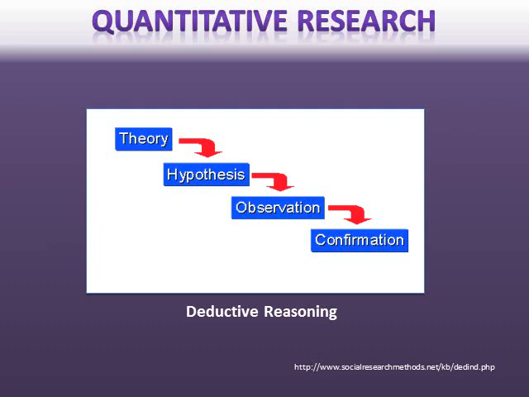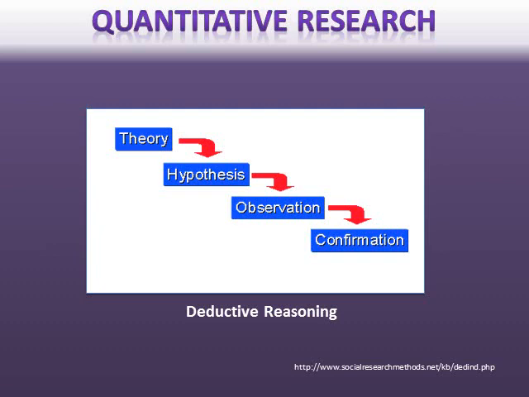You then say, okay, if my theory says this, then I think that this is what's going to happen in this situation. And you create a hypothesis or prediction about what will occur. You then conduct observations where you collect data using, for example, a survey. And then you take that data and you analyze it to do statistical tests to either confirm or deny your initial hypothesis and prove or disprove that theory that you had made.